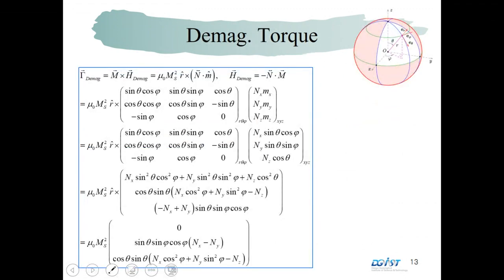And also we can calculate the Dirac torque by the demagnetization field, which is determined by the Dirac coefficient or Dirac tensor with the magnetization. In the last class, I made some mistake in this representation. I missed this term. So I corrected it.